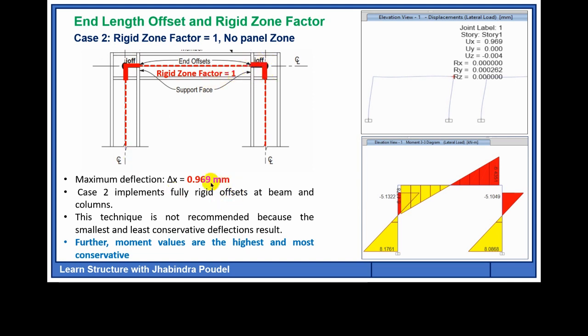So the deflection is 0.97 and it implements fully rigid offset beams and columns. This technique is not recommended because it gives the smallest deflection, and the moment values are higher and conservative. So let me turn to the third case.